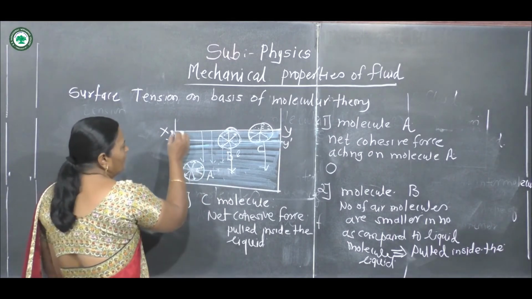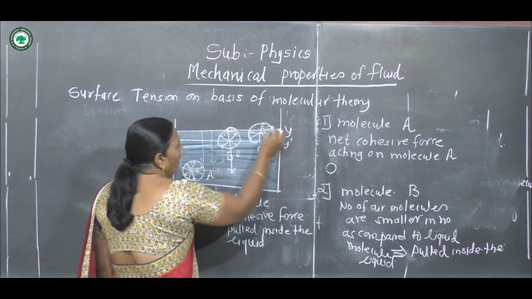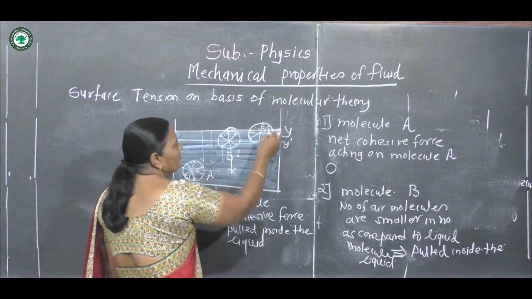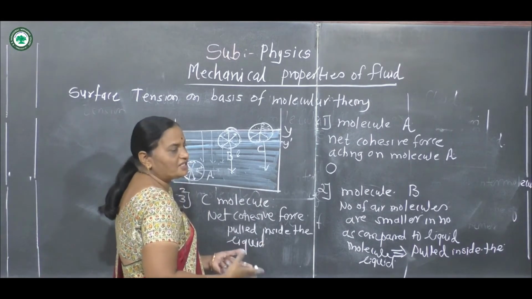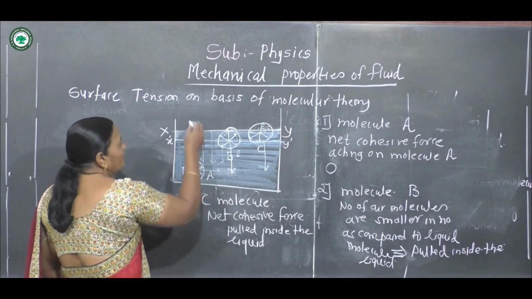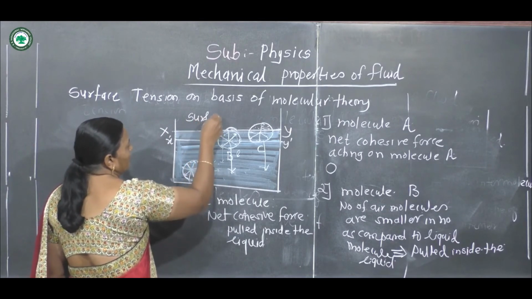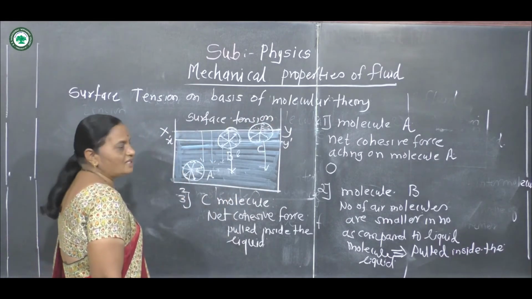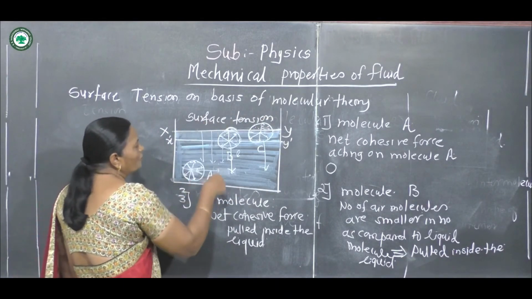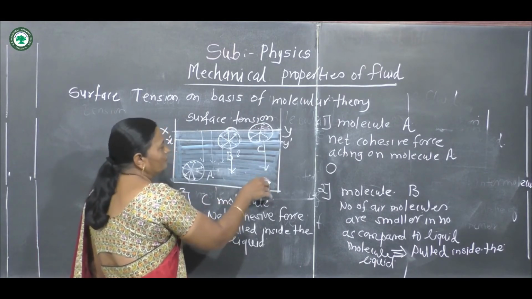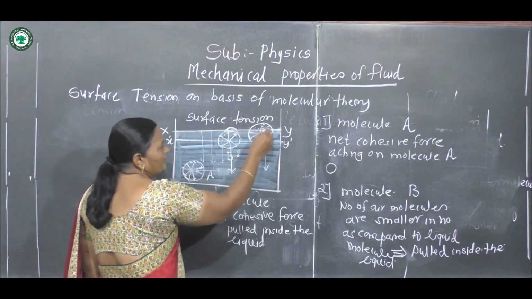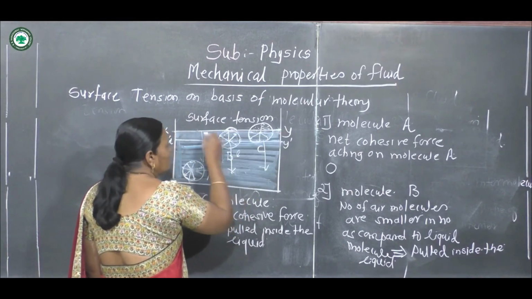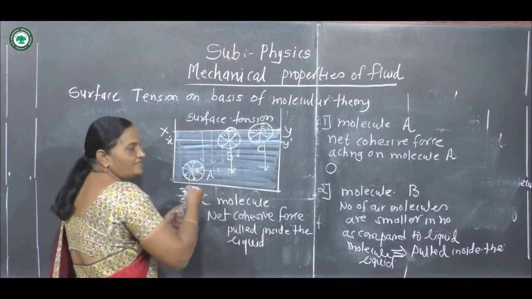Hence the number of molecules at the free surface decreases, and the free surface behaves like an elastic membrane.